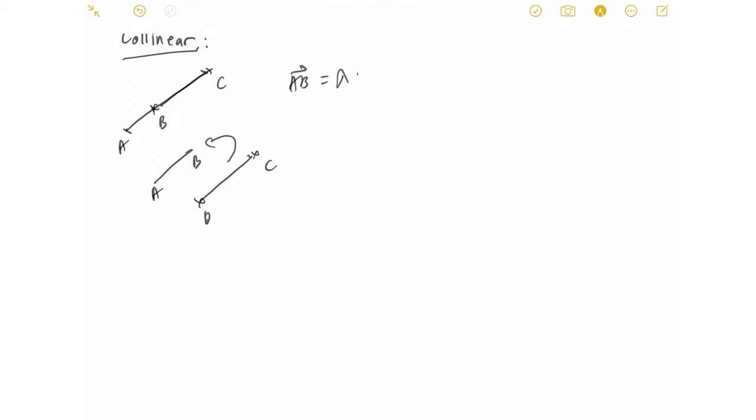So we can say AB is a multiple of BC, or AB equals a multiple of AC. Because AB is parallel to BC, AB is also parallel to AC, and BC is parallel to AC.